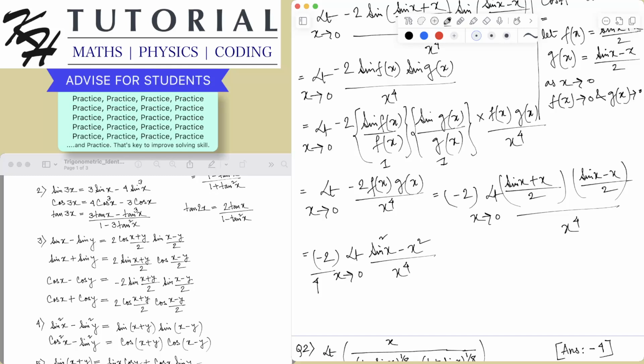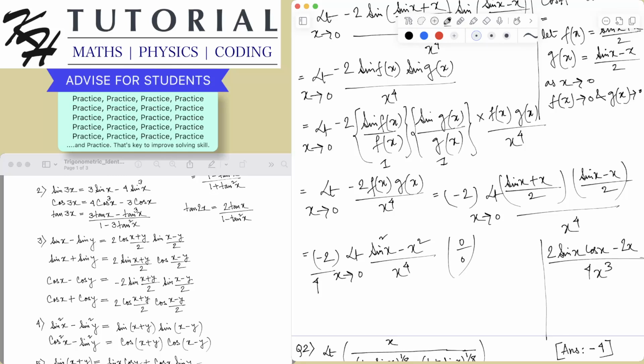Now if at this stage I use L'Hopital's rule, let's see what I get. Because sin square x minus x square will tend to 0 when x tends to 0, this is of the form 0 by 0, and I can use L'Hopital's rule. So it will be 2 sin x cos x minus twice x divided by 4 x cube.